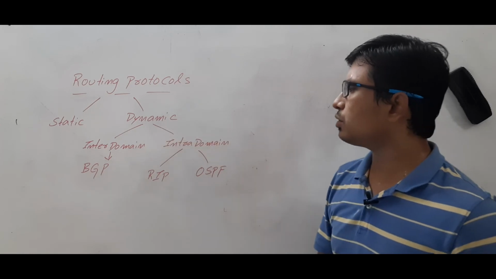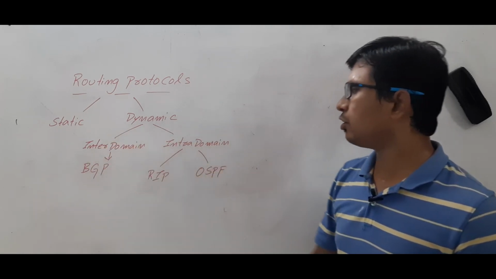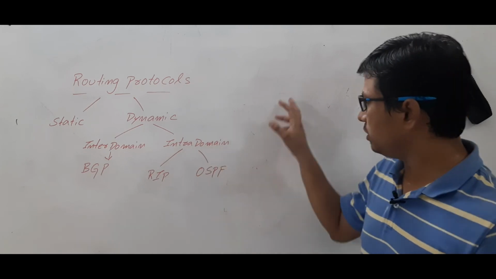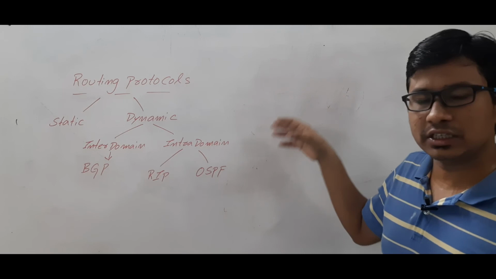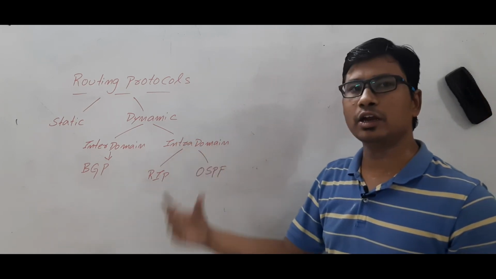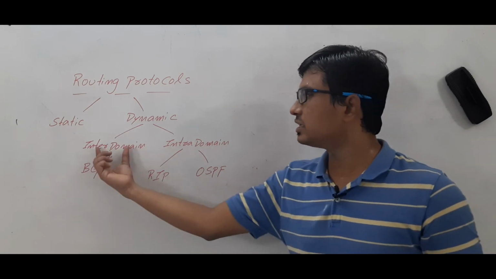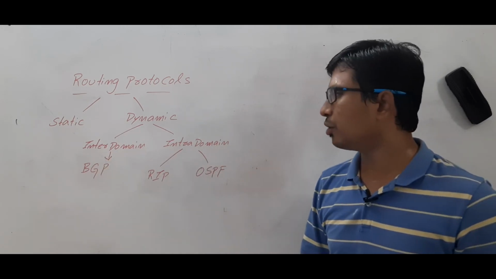The dynamic routing protocols are again classified into two types, intra-domain and inter-domain. If you have various domains and a routing protocol is restricted to its own domain, then we call it an intra-domain routing protocol. Whereas inter-domain protocols can work among or between the domains.